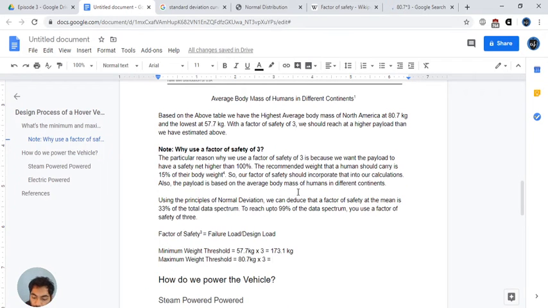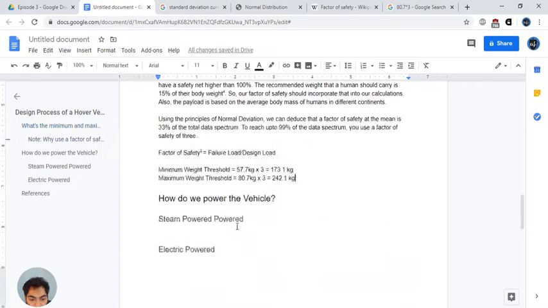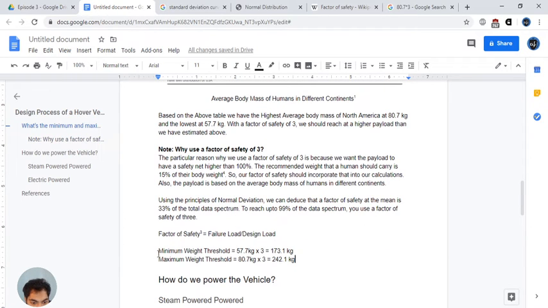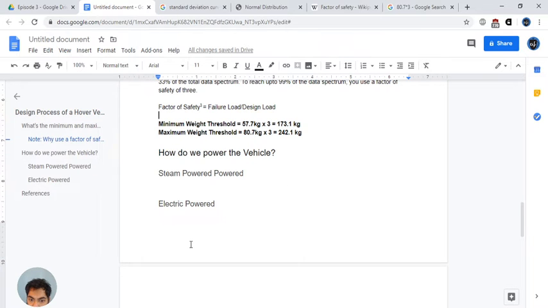I remember that. So you have that, right? So you have your maximum weight threshold and minimum weight threshold. Let's bold that. It's very easy. It's very understandable.